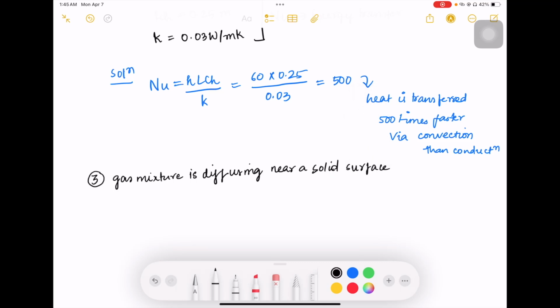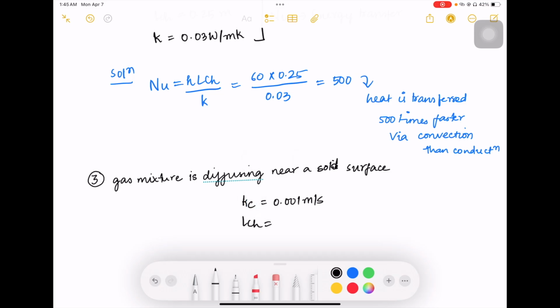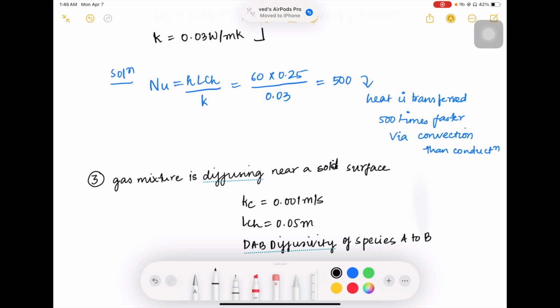The following parameters are given: mass transfer coefficient Kc as 0.001 meter per second, LCH as 0.05 meter, and DAB, that is diffusivity of species A in B.